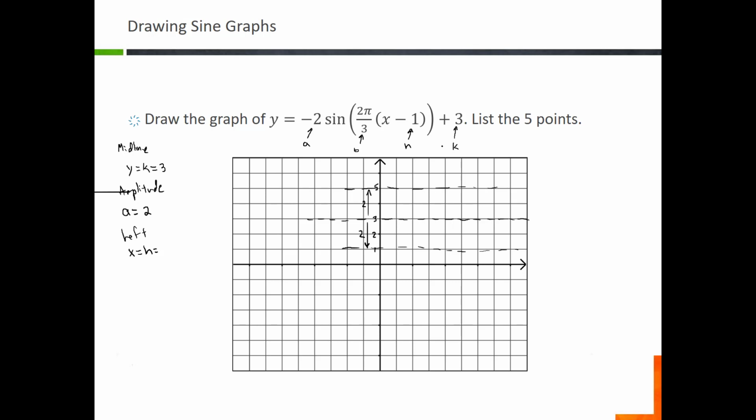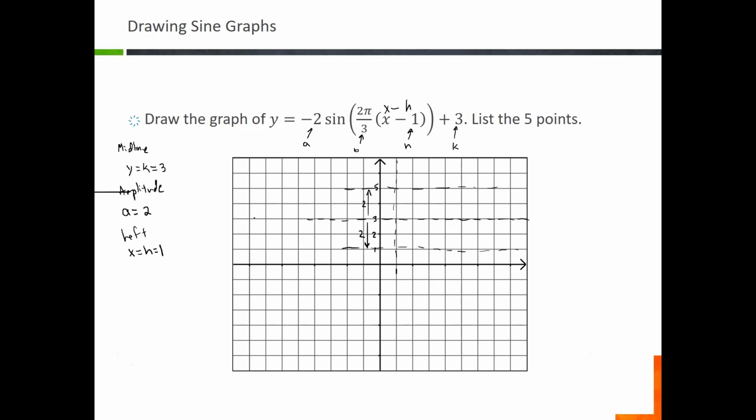Now why am I using h and k instead of c and d? It's because I have this factored parentheses here. If the parentheses weren't there, it would be c and d. So in this case, it's x minus h. So h is 1. So I'm going to start my box at x equals 1 here.